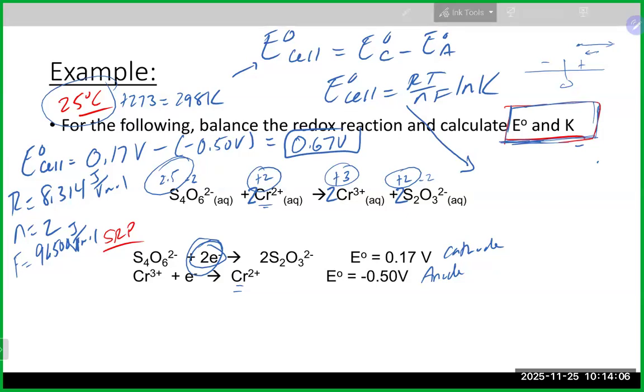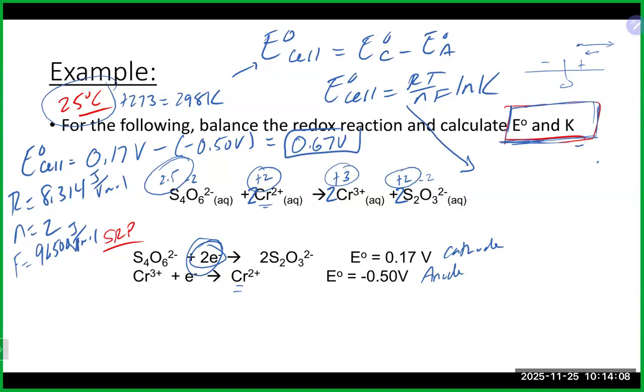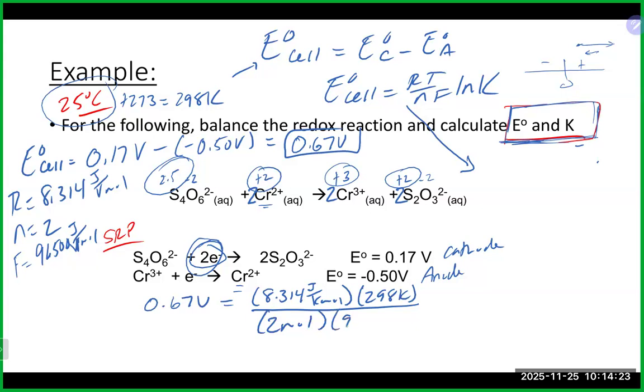All right, going into our equation with a little bit more room: 0.67 volts equals our R, 8.314 joules per Kelvin per mole, times our temperature, 298, divided by our 2 moles and our 96,500 joules per volt per mole. And that's going to be the natural log of K.